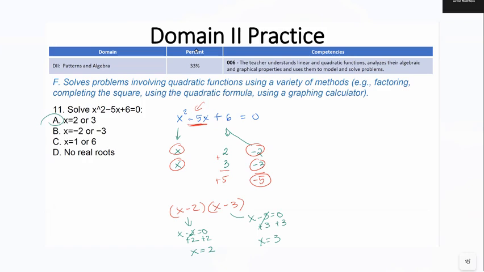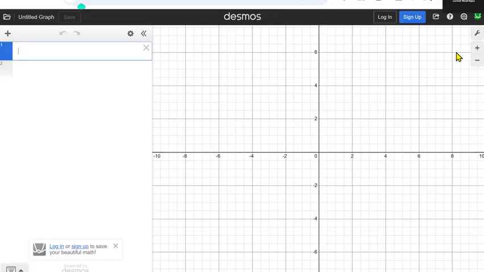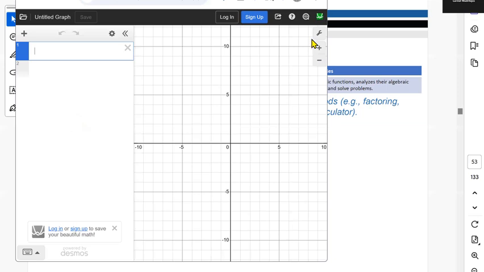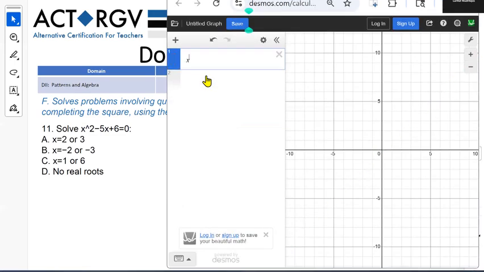Now, let me show it to you on the graphing calculator. Okay, here we go. So the given was x squared minus 5x plus 6. They're finding the roots, okay? So x raised to 2, minus 5x plus 6.